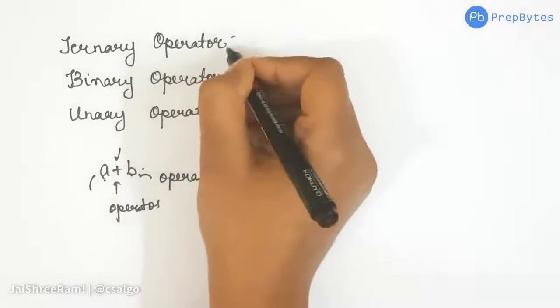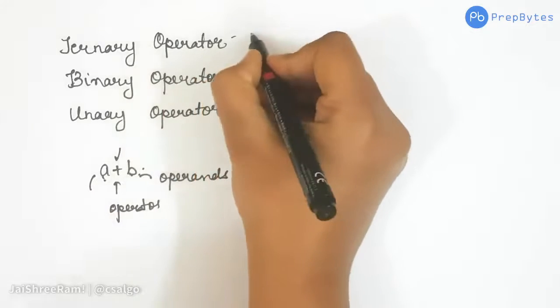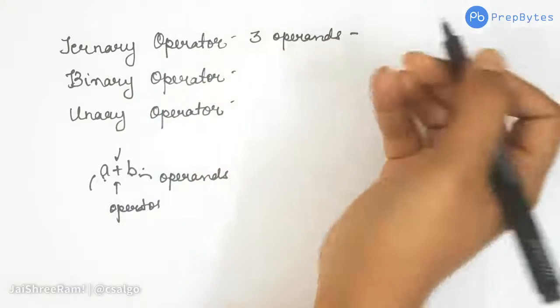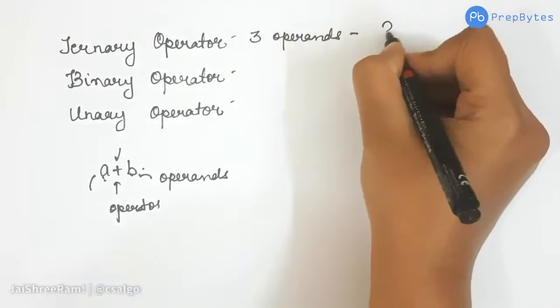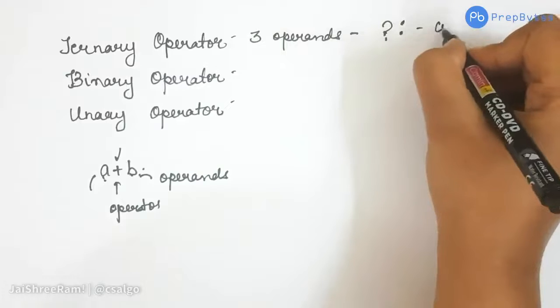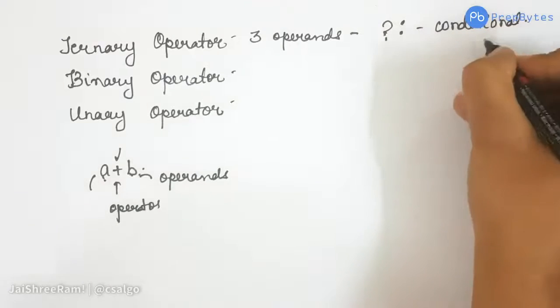Ternary operators are generally operators which work on three operands. Here we have the conditional operator, which we are going to talk about.